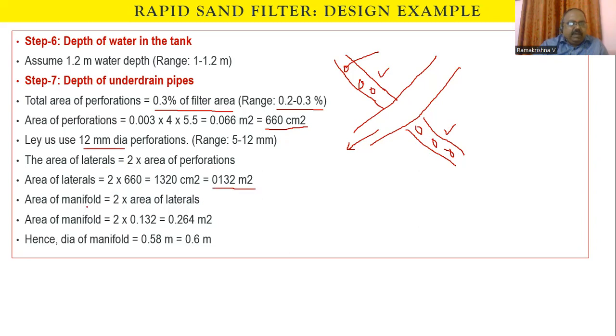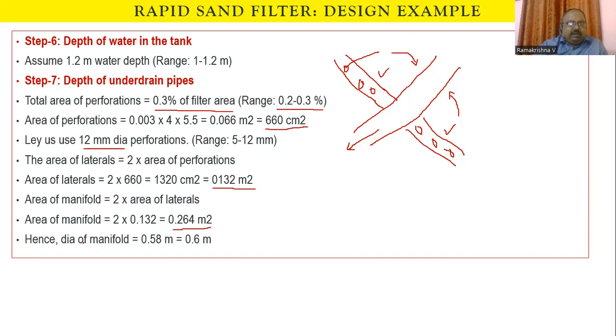So the area of the manifold is nothing but 2 times the area of the lateral. So the contribution is coming to the manifold from these laterals and these laterals, both sides. So 2 into 0.132 comes out to 0.264 meters square.